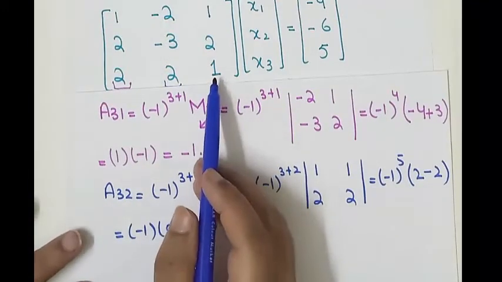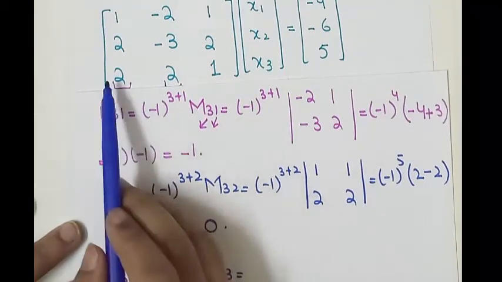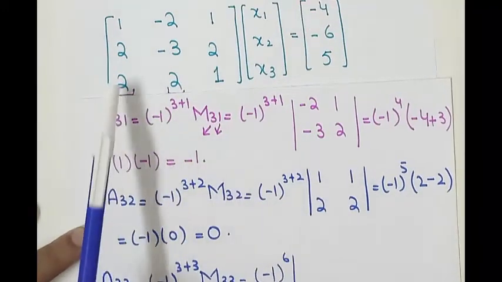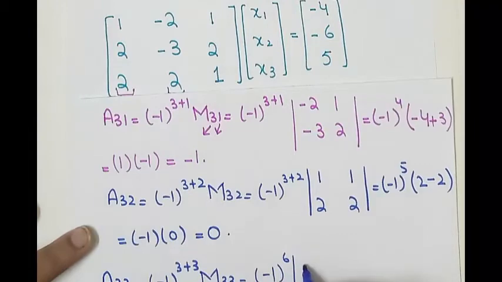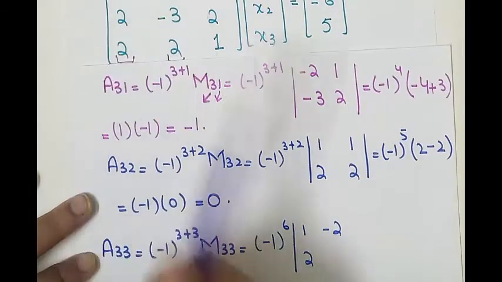Last, we have to find the cofactor of A33. In a similar way, (-1)^(3+3) times the minor of 3,3. Ignoring the third row and third column, we have 1, -2, 2, 1, and -2, 2, -3.